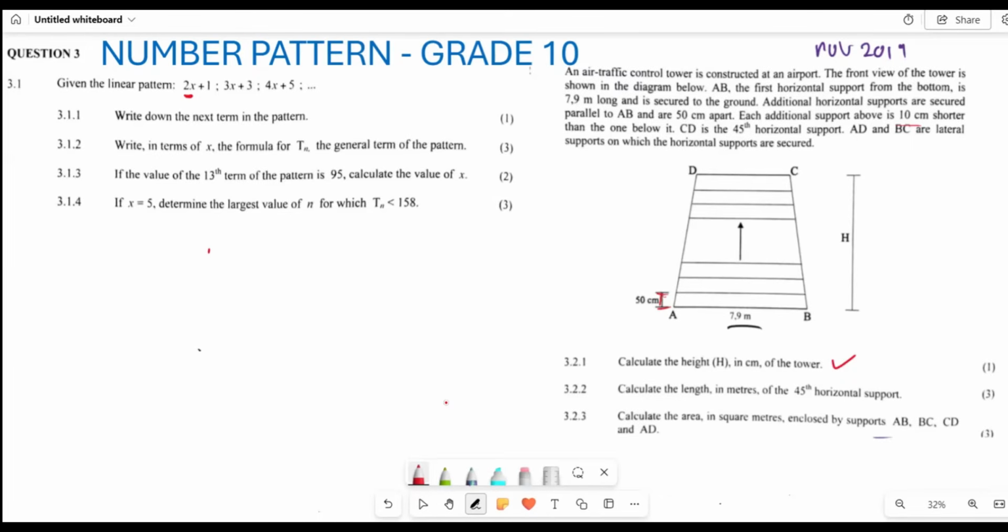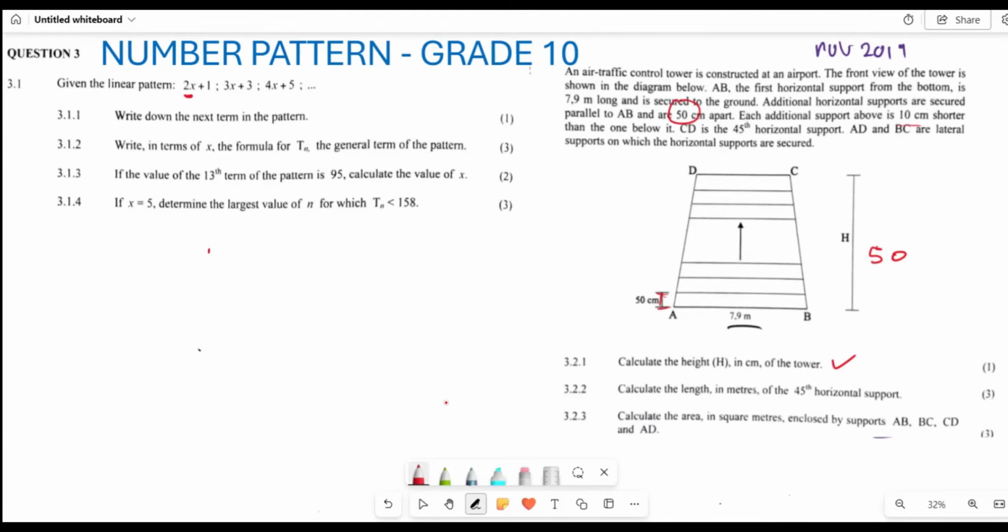Now, what determines the height of the tower is going to be what? Remember they said how many centimeters you are having here, right? So this is the same as 50. Then how many horizontal supports are you having?